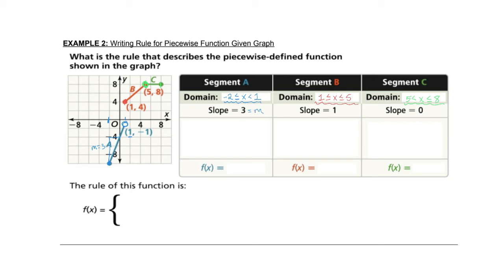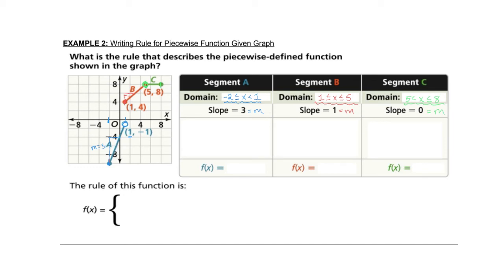The next one technically went up 6 to the right 2, which reduces to 3. This one goes up 1 to the right 1, or up 2 to the right 2. Either way, your slope is 1, so your m is 1. And the next one is a horizontal line, so your slope is always 0 for a horizontal line.